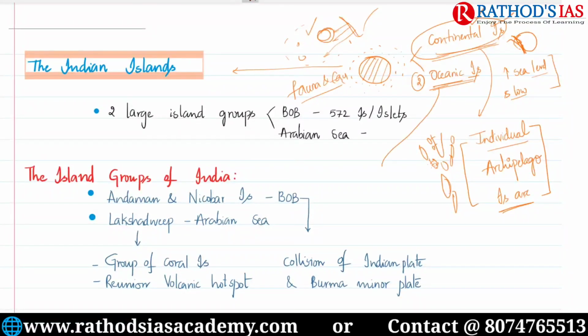In oceanic islands also we have different types. The first one is volcanic island, and the second one is coral islands. Talking about volcanic islands, you might know about the mid-Atlantic ridges. Inside the ocean also we have mountains and hills.